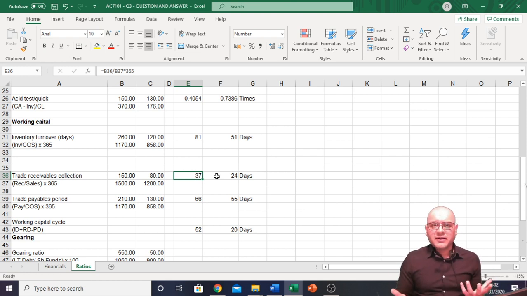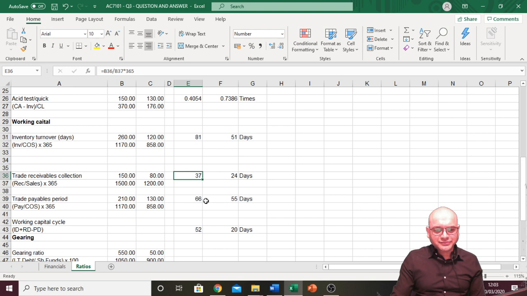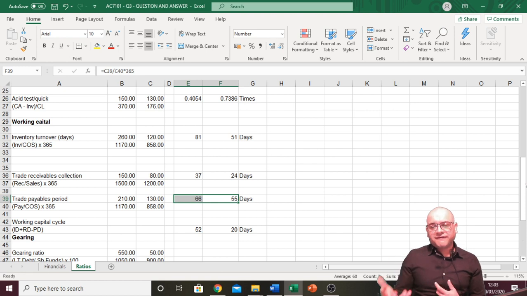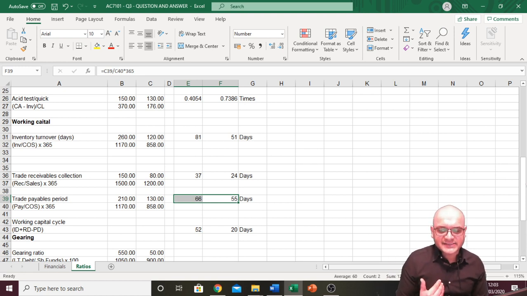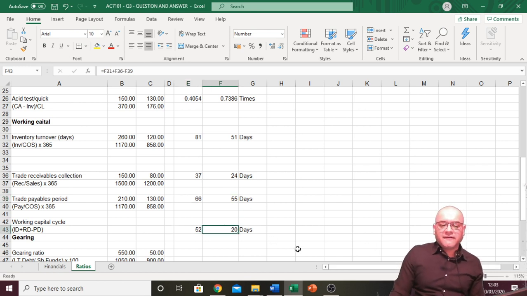But the problem is that because the receivables are not paying on time, we can't really pay the payables on time. That is affecting our payable days. Last year we took 55 days to pay payables. This year we are taking 66 days. So altogether, last year we needed to fund the business in terms of working capital for 20 days, right?